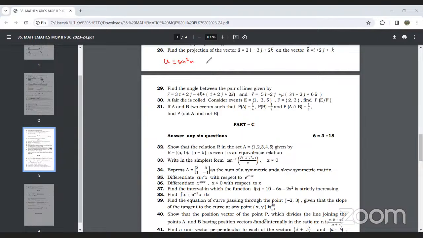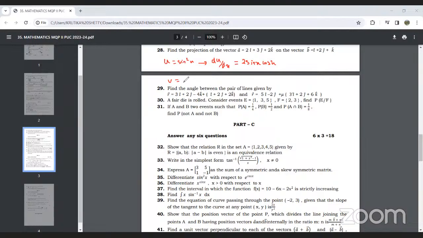So u is equal to sine square x, and when we differentiate we get du by dx. It is in the form of f of x raised to n, so you have to apply the x raised to n formula. The derivative of x square will be 2x. Similarly, the derivative of sine square x will be 2 sin x into cos x, so du by dx will be 2 sin x cos x.